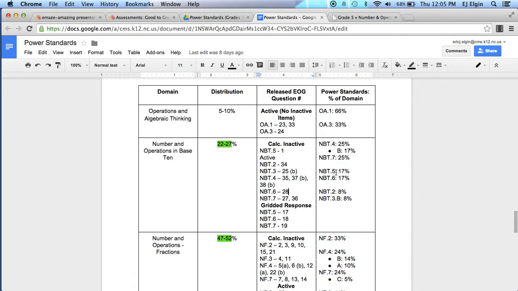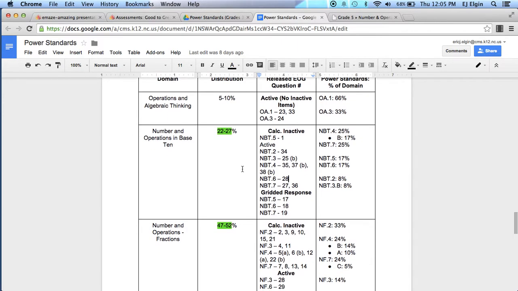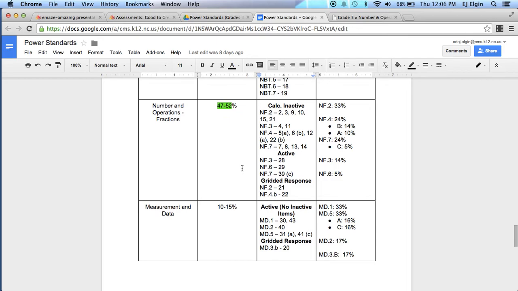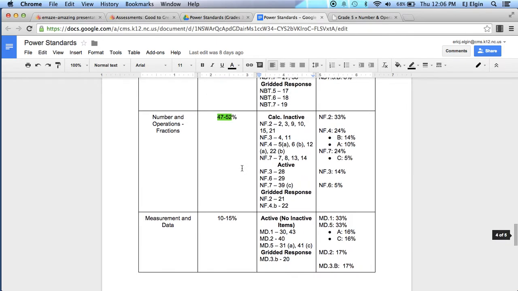Wow, EJ, this is a really powerful document. What I'm seeing from this is that in order for students to pass the 5th grade math EOG exam, they are going to be able to better pass that test if they get all the questions right in the NBT domain and the fractions domain, and that's why these domains are highlighted.